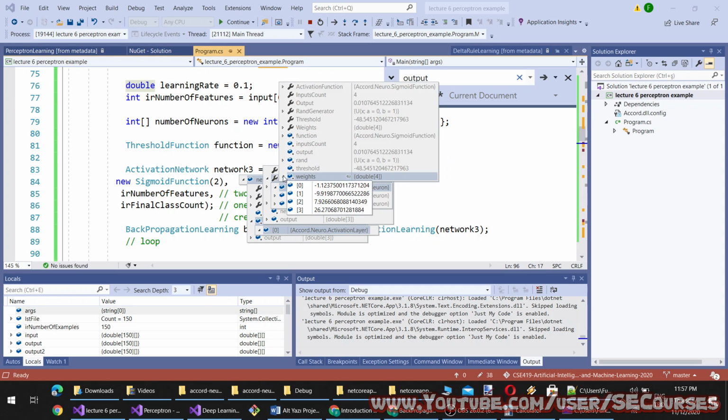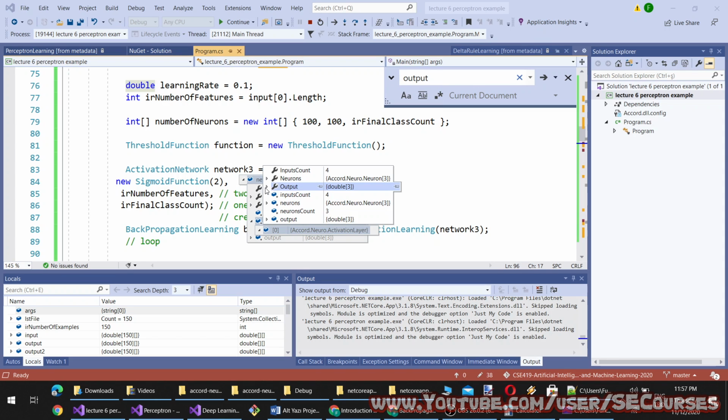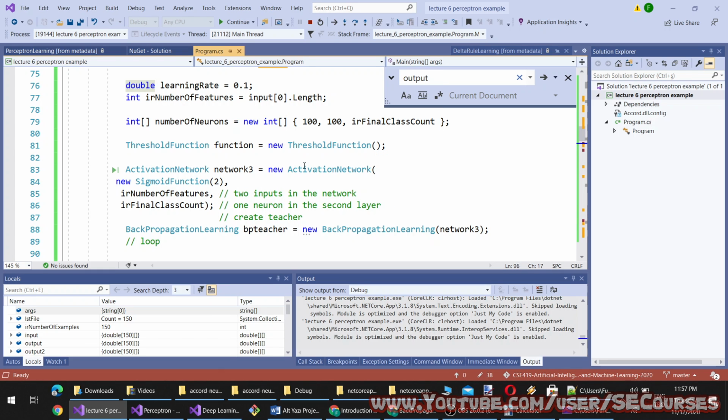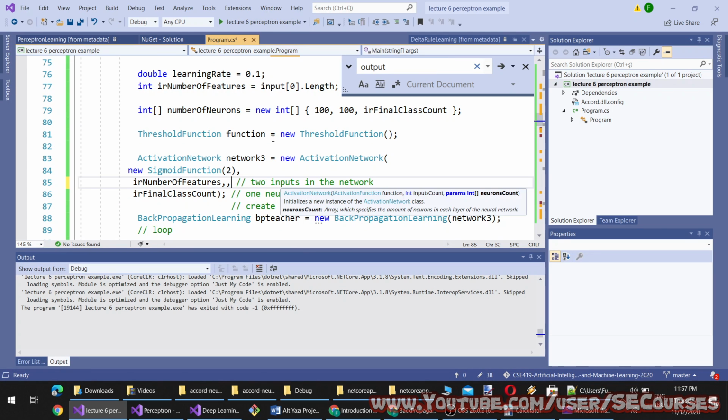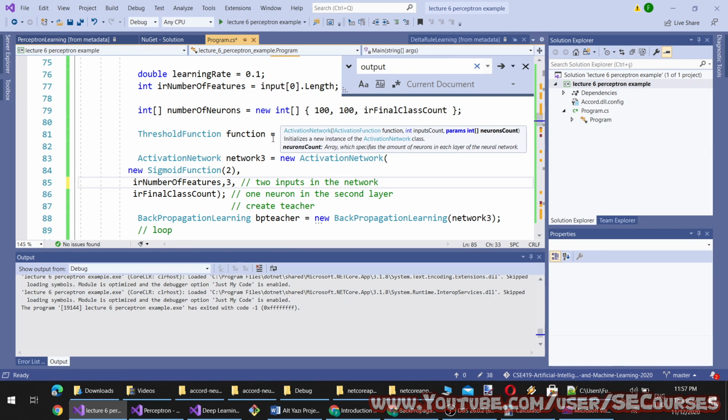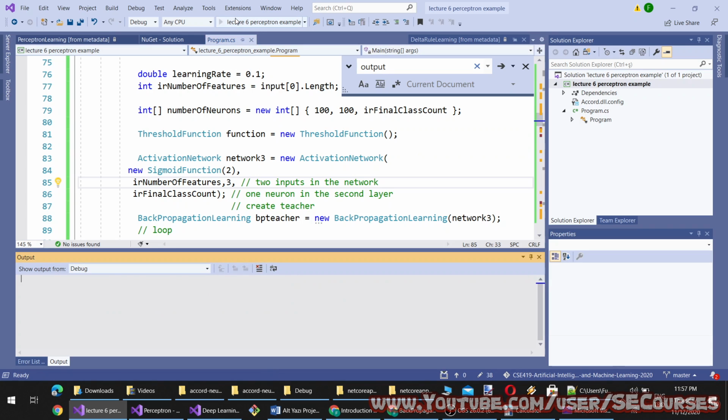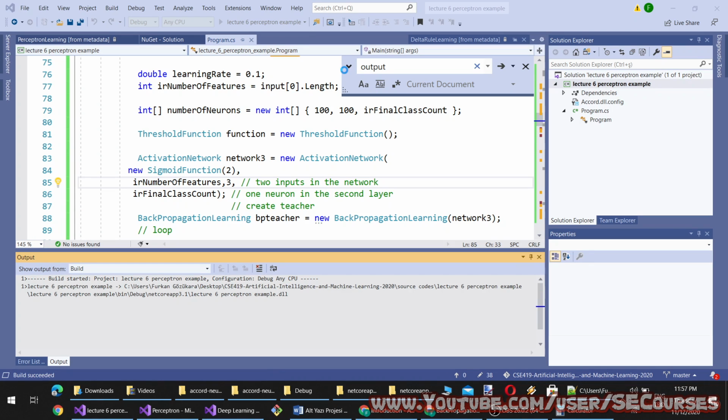Okay, so with just 3 neurons, each one having 4 weights, I have successfully classified this. I can also have another layer of neurons, and let's see if this will increase our success rate.